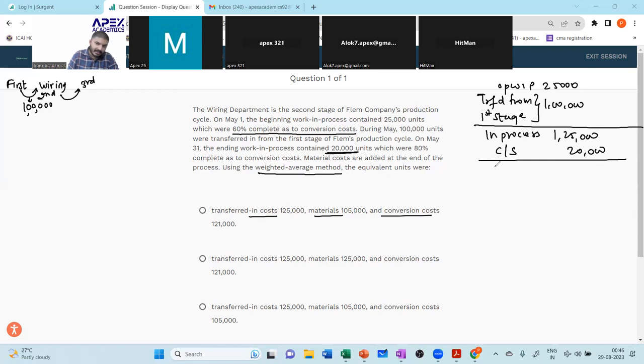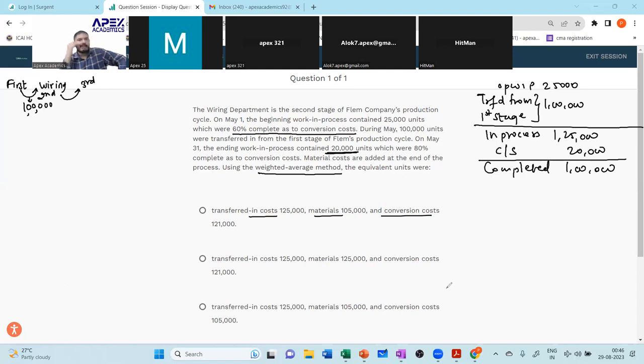So, can I say that completed units are 1 lakh? Agreed or disagreed? Please tell me. Come on, students.